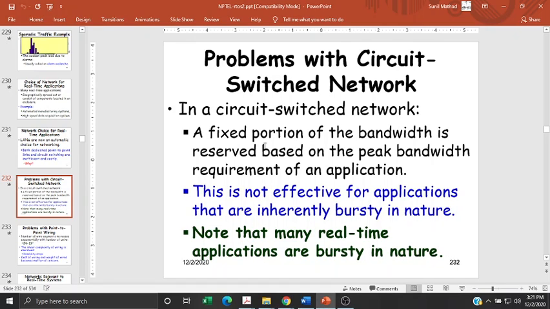That is with respect to point-to-point networks. In a circuit-switched network, bandwidth is reserved based on the peak bandwidth requirements of an application. This is not effective for applications that are inherently bursty in nature. Traffic can come anywhere.